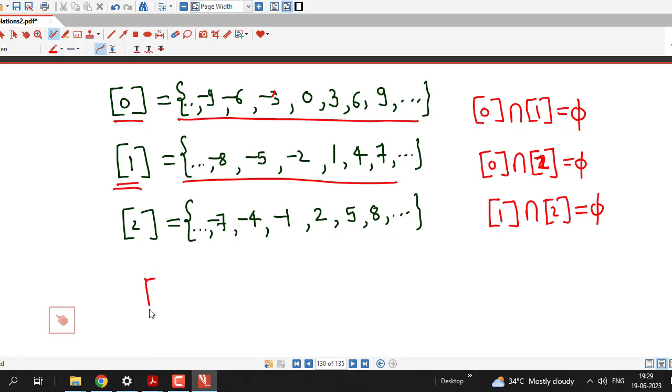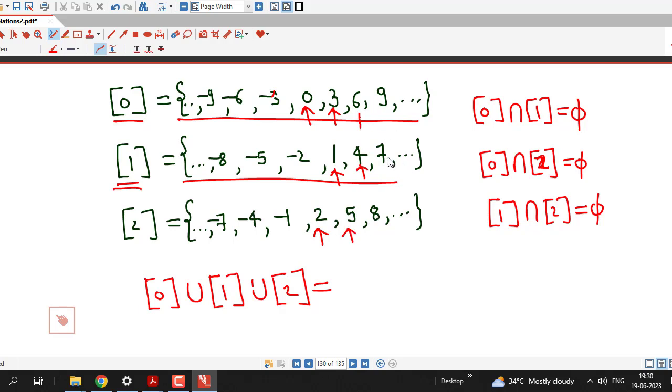And all these equivalence classes are subsets of the set of integers, and if we take their union, you can see I have 0, then 1, 2, again 3, 4, 5, 6, 7, 8, 9, and so on.